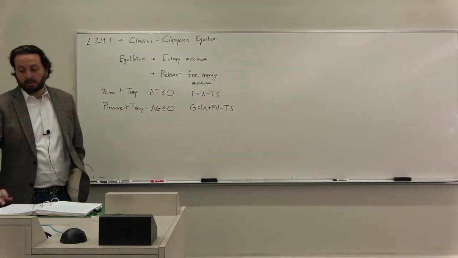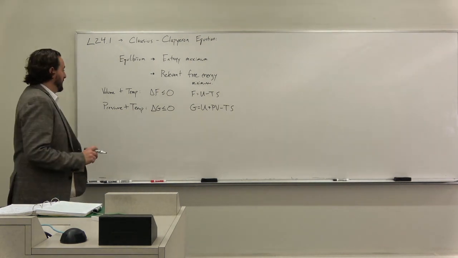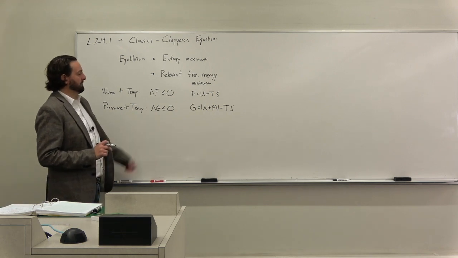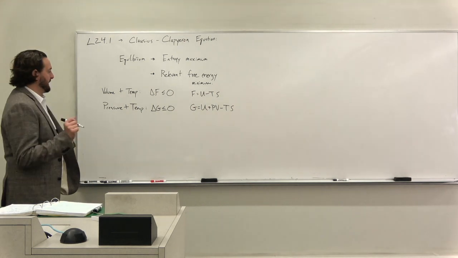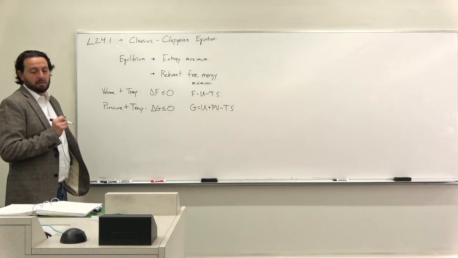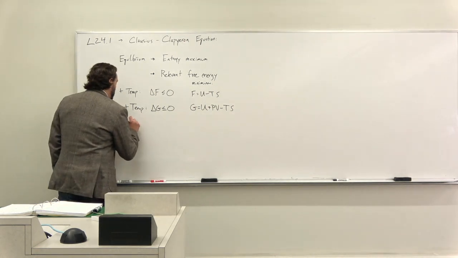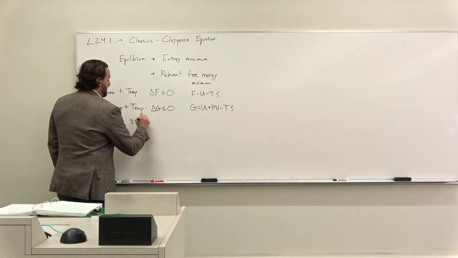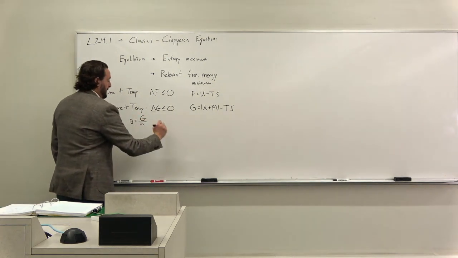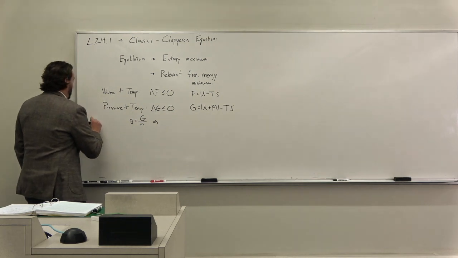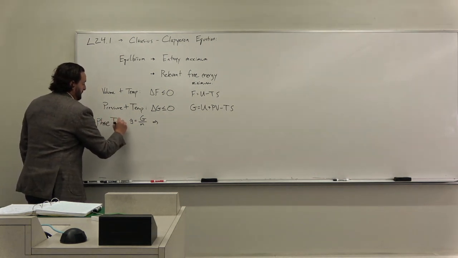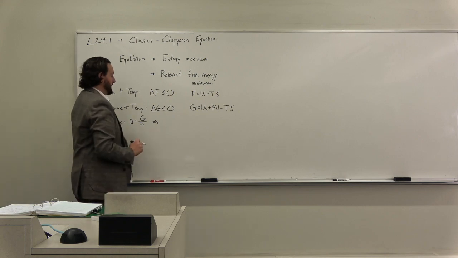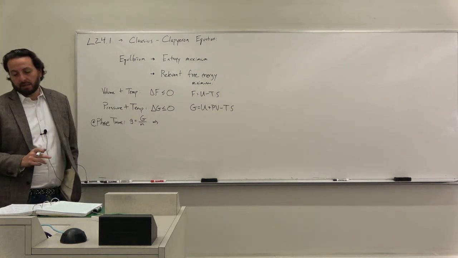All right. So we expounded upon this idea of minimizing the Gibbs free energy, and we realized that at a phase transition, little g, which was big G over M, was a constant, right?